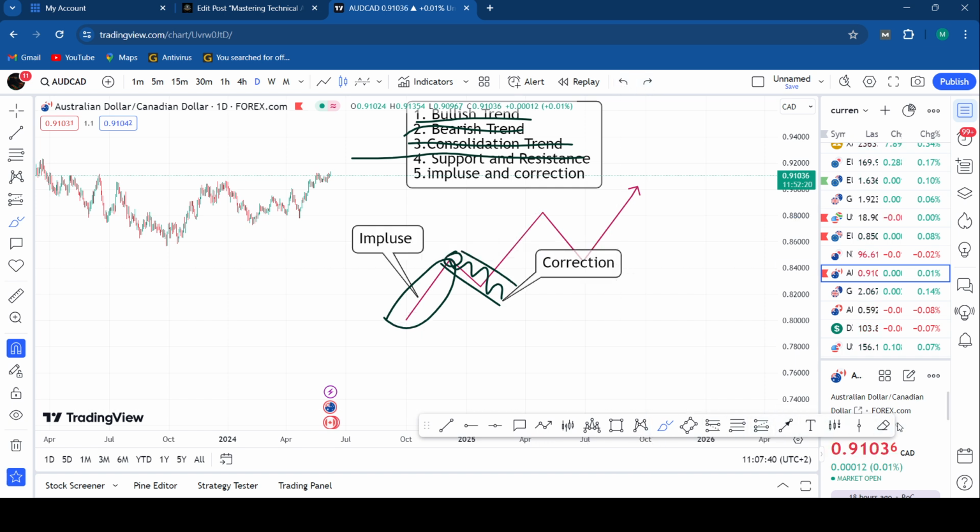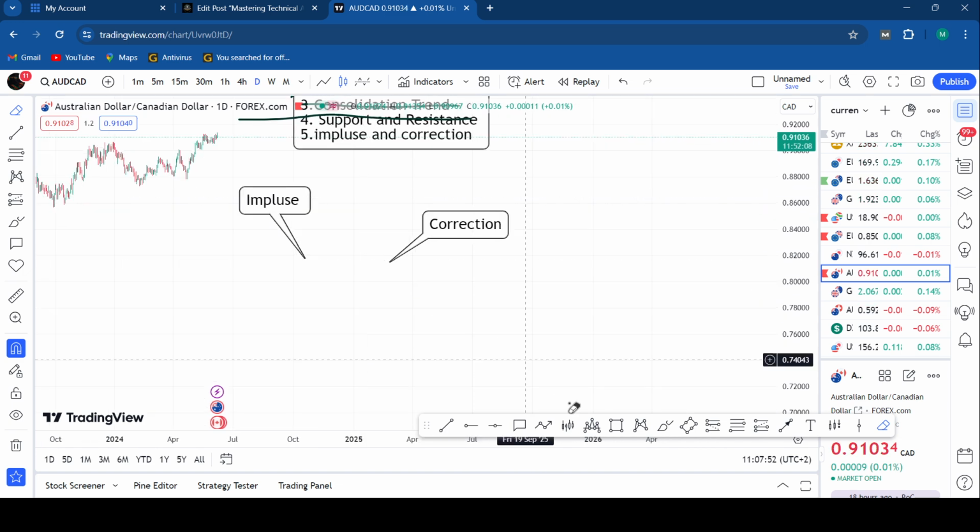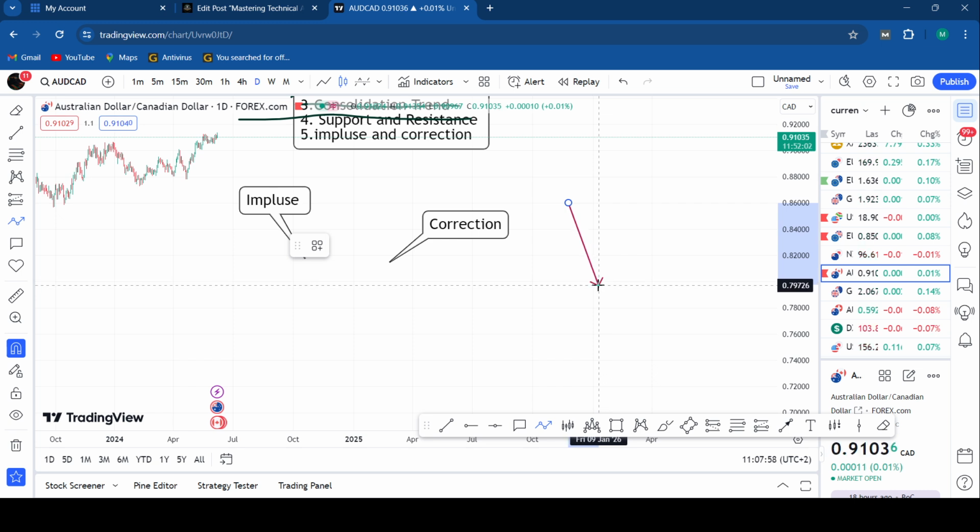So in a downtrend, this is how it will look. The market will make impulse moves to the downside. The market will correct.